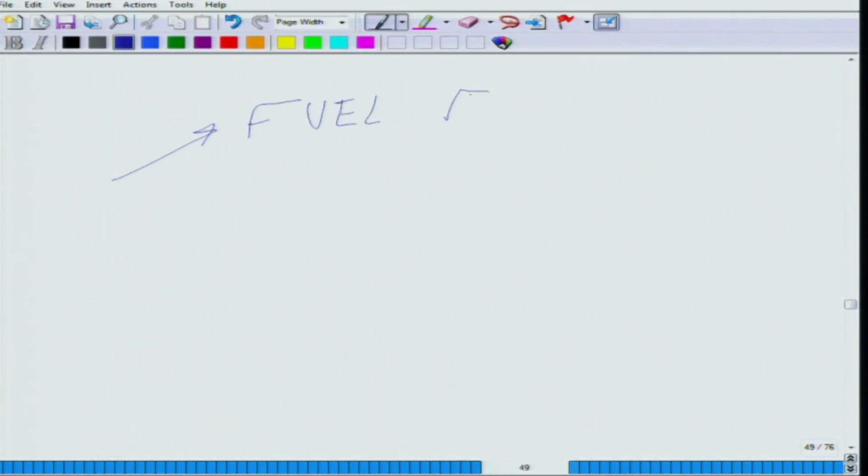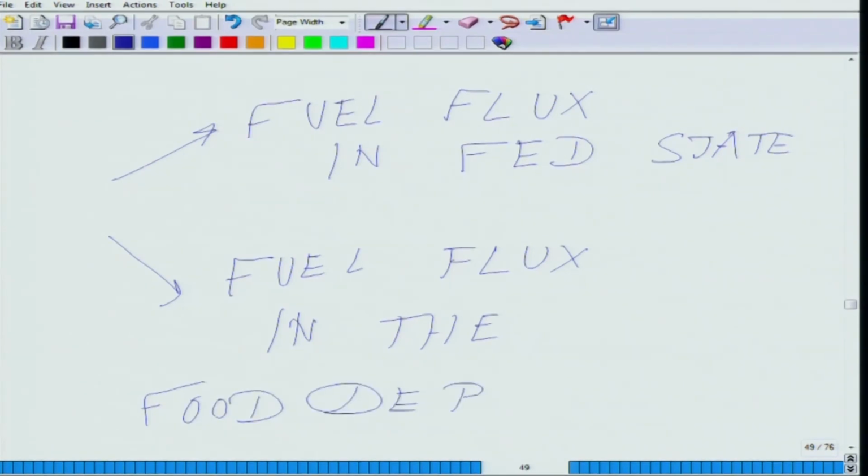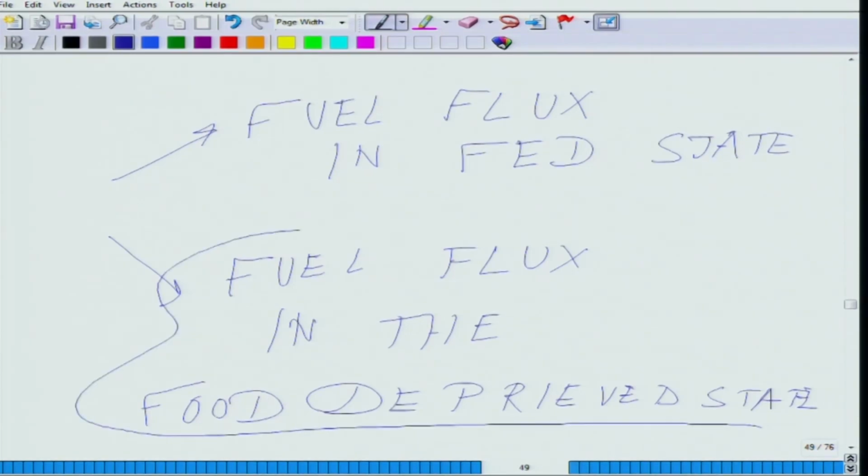One is called the fuel flux in fed state, and the second is the fuel flux in the food deprived state. So, both of them explain exactly what I was trying to tell you. Fuel flux in the fed state.